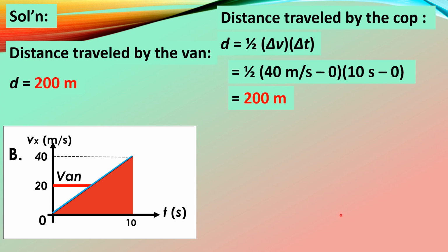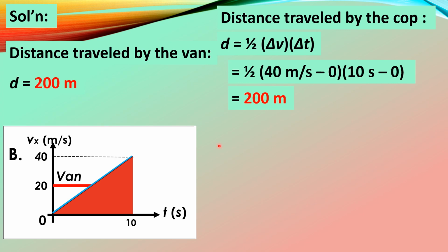And this happened at an instant equal to 10 seconds. But take note, at that instant, 10 seconds, the motorcycle cop is traveling at a much faster velocity, equal to 40 meters per second.